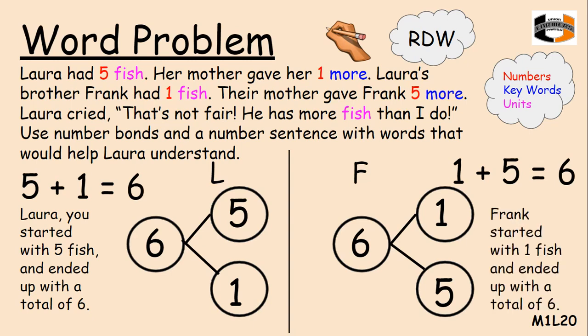Frank started with 1 fish and ended up with a total of 6. So they started with different numbers and they were given different numbers of fish by their mother. But in the end, they ended up with 6 each. So Laura, this is completely fair.